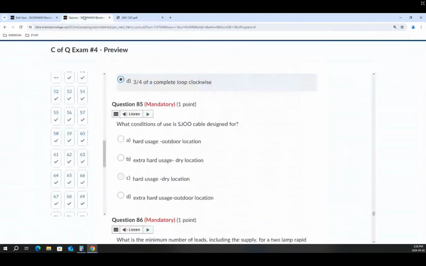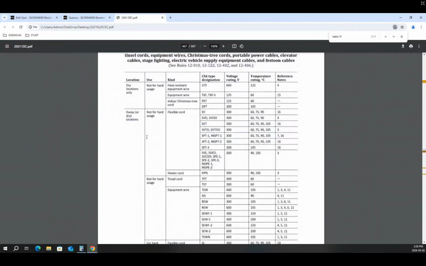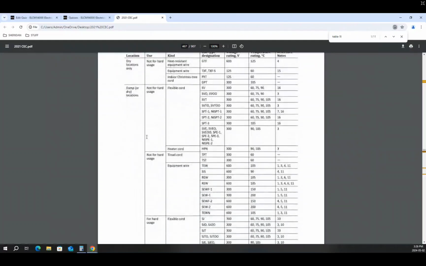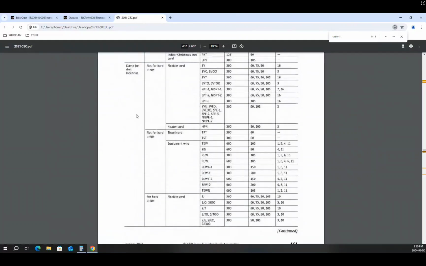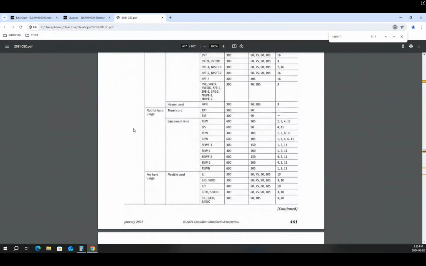Damp or dry hard usage. So it's damp or dry.